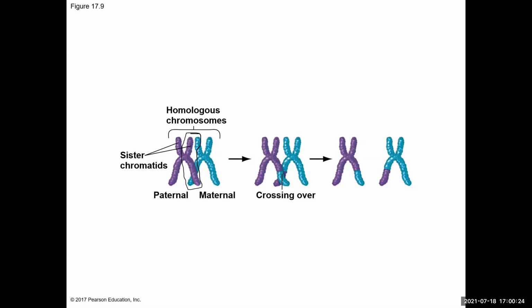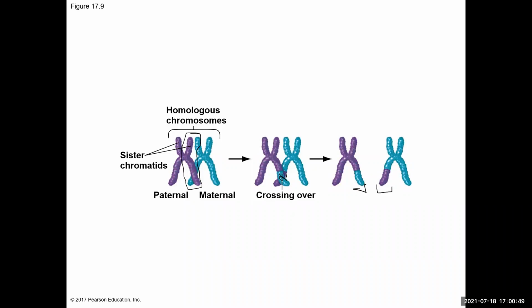Notice that the paternal chromosome now has a maternal segment, and the maternal now has a paternal segment. So you end up with this area that's crossed over, and that leads to more genetic variation within the gametes, and more genetic variation in the offspring.